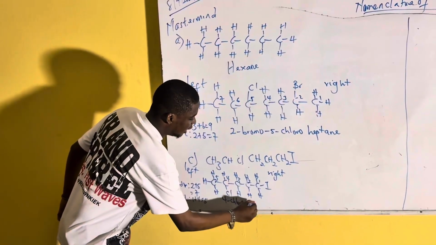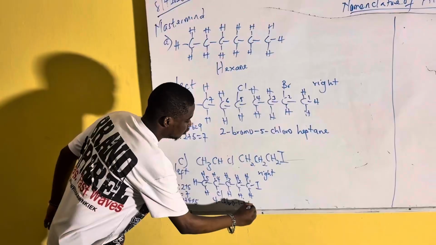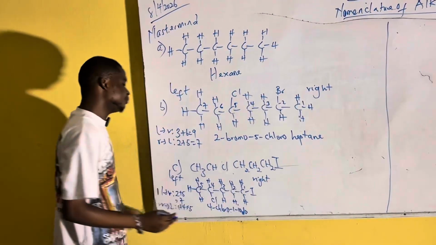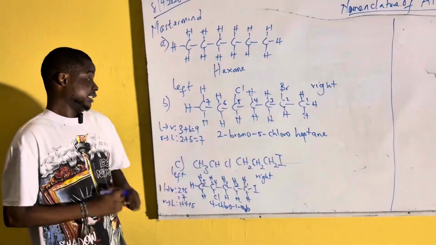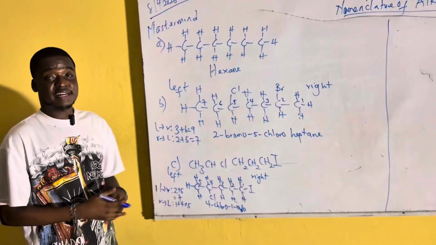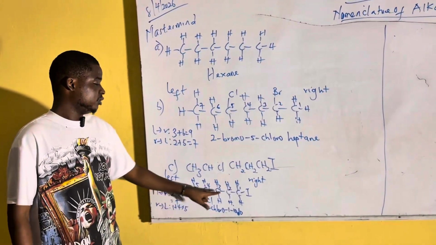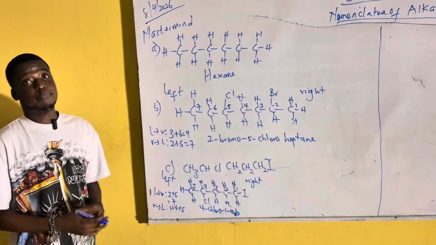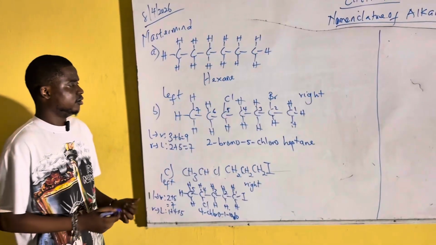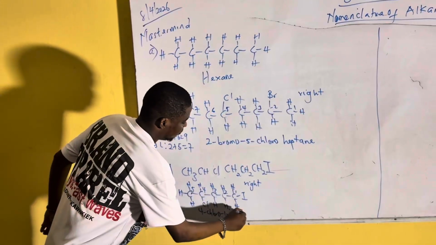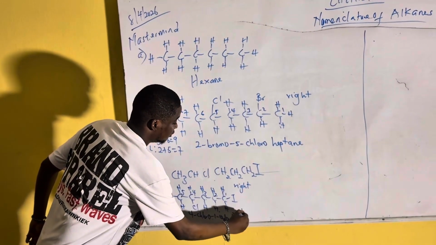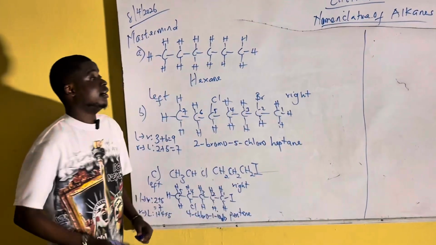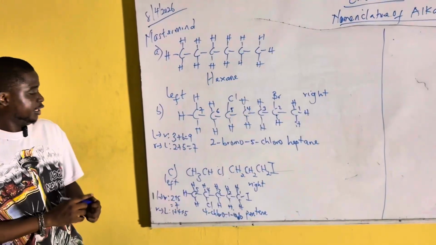So it's 1-iodo, and that's all. The next thing is the 5 carbon chain, and the parent name for 5 carbons is pentane. So this is the name of the structure.